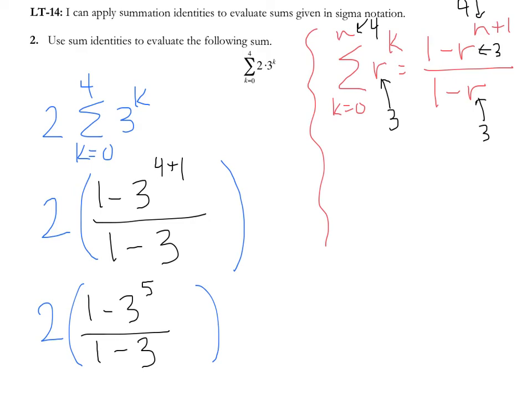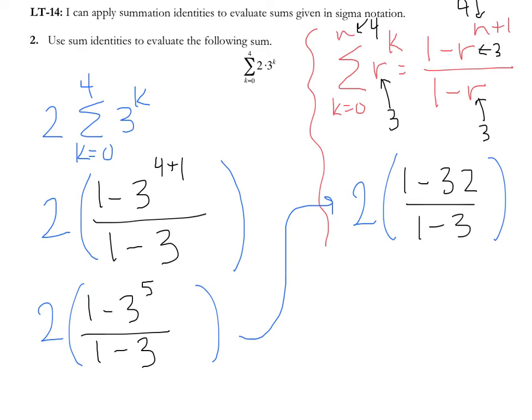Now that we have this exponent written as a number, we can simplify a little bit. 3 to the 5th is 32. So we have 2 times 1 minus 32 all over 1 minus 3.